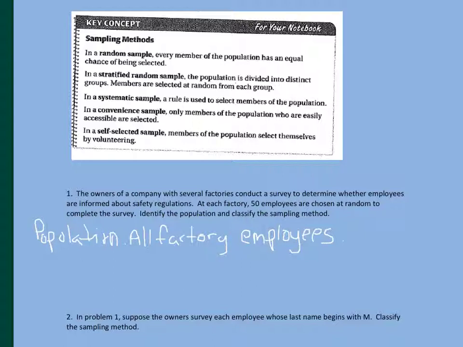And then classify the sampling method. So at each factory, that means they were divided up into groups and then selected at random. So this would be a stratified random sample.